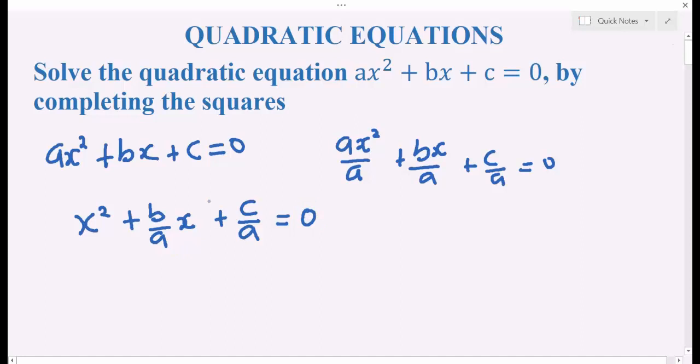So we take our c over a from the left hand side to the right hand side. We have x squared plus b over a x is equal to minus c over a. Then we take the coefficient of x, halve it and square it, then add to both sides.